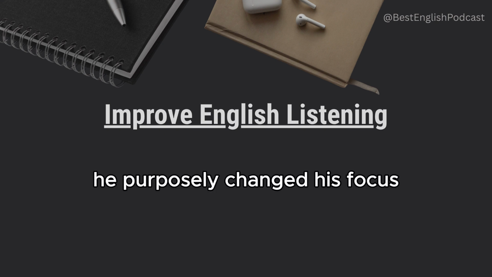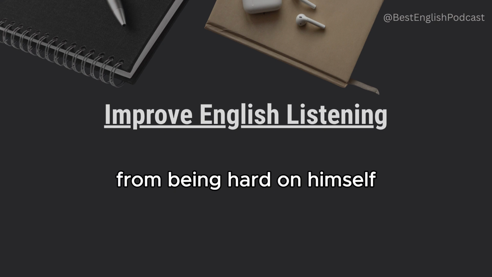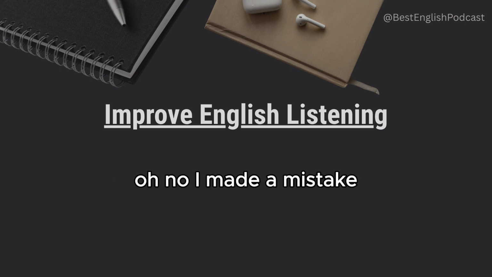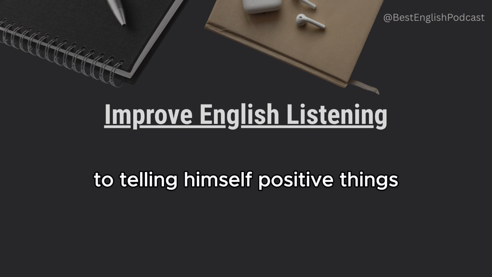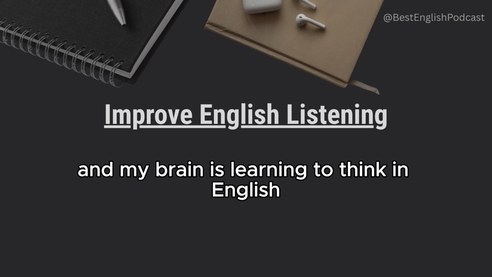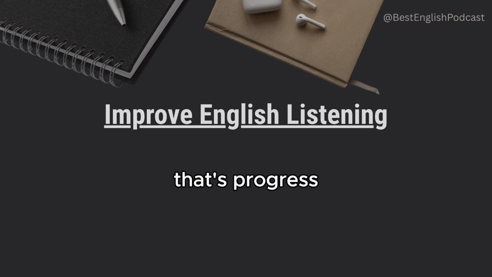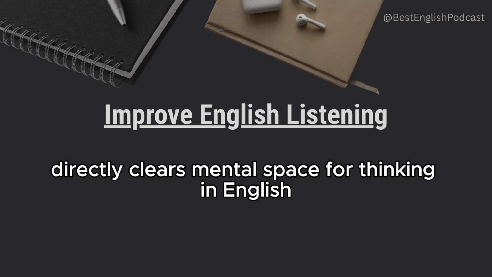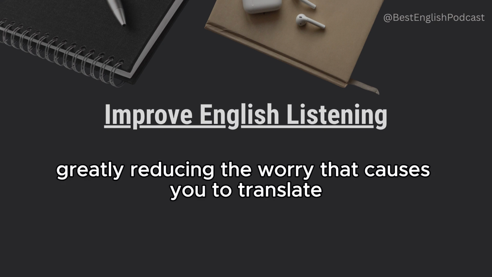He purposely changed his focus from being hard on himself, "Oh no, I made a mistake," to telling himself positive things. "I tried, I spoke, and my brain is learning to think in English. That's progress." This strong, positive focus directly clears mental space for thinking in English, greatly reducing the worry that causes you to translate.